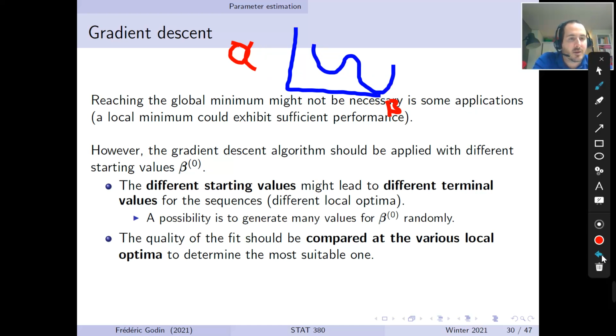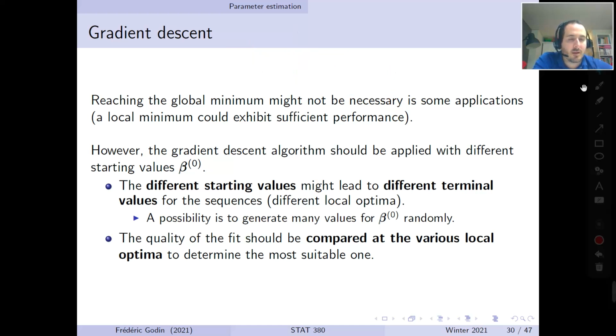So we see that depending on where you start with your beta 0, your algorithm will end up at a different place. So a good idea when you train neural networks is to start training the neural network with different initial values and then compare the results you get from these various runs. And once you compare the optima, or the values of your parameters across the runs, you should pick at the end the best run.